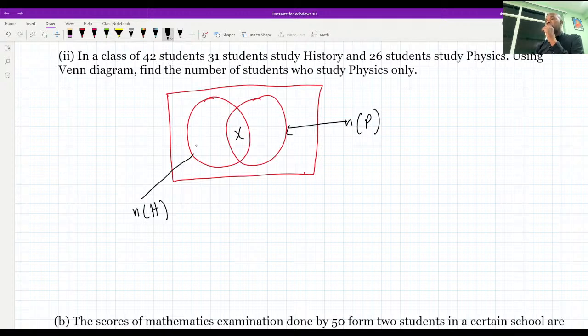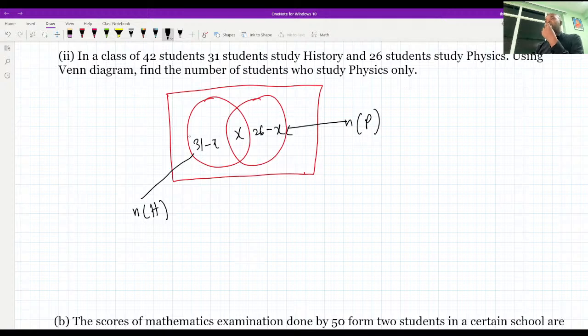It means those who study history only will be 31 minus x. And 26 study physics. So those who study physics only will be 26 minus x. But we were told that 42 students are in the class.